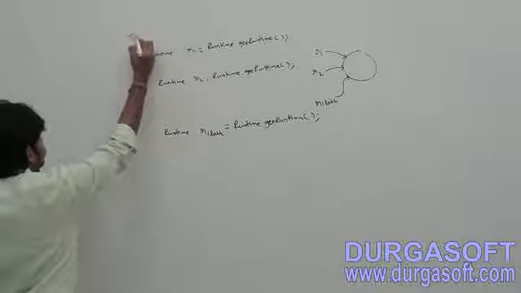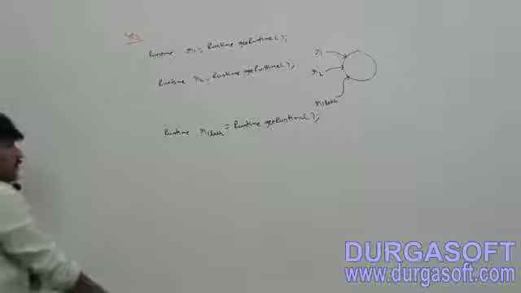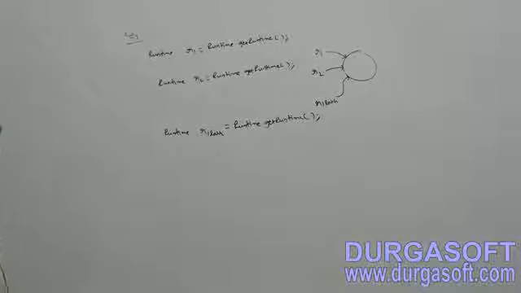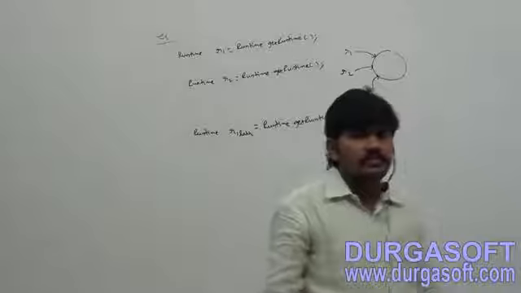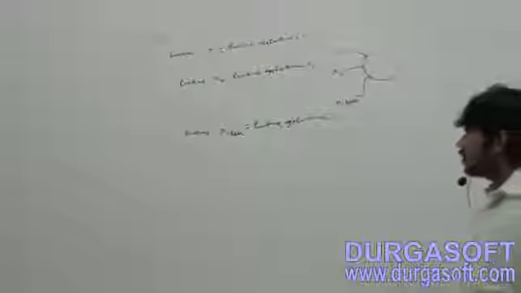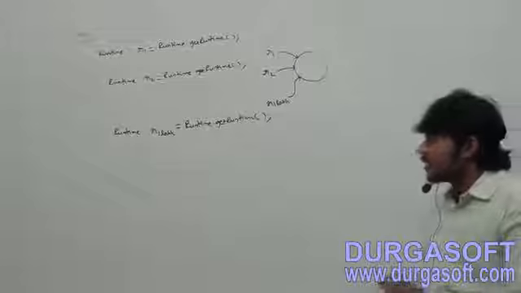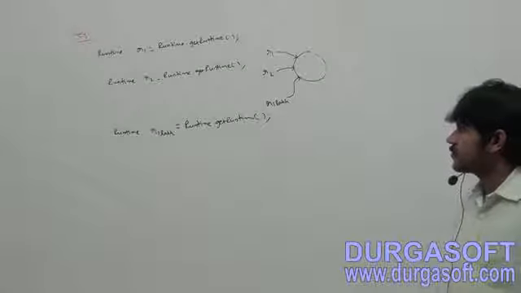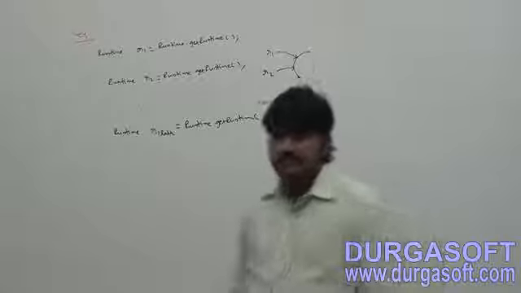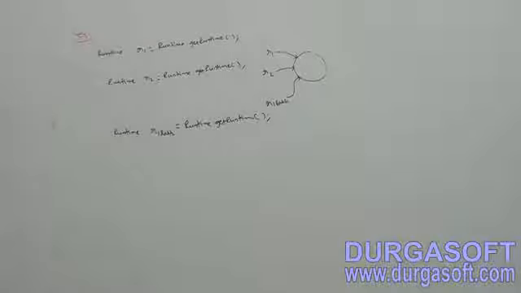Example: runtime R1 is equal to runtime dot get runtime. Runtime R2 is equal to runtime dot get runtime. Runtime R 1 lakh is equal to runtime dot get runtime. Okay, completed, I hope.